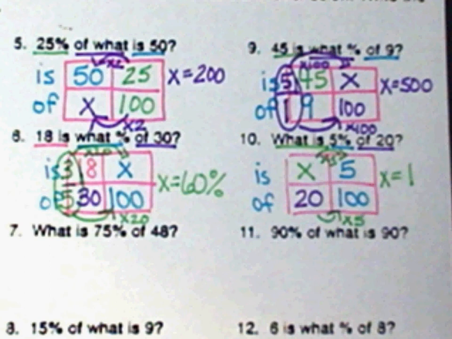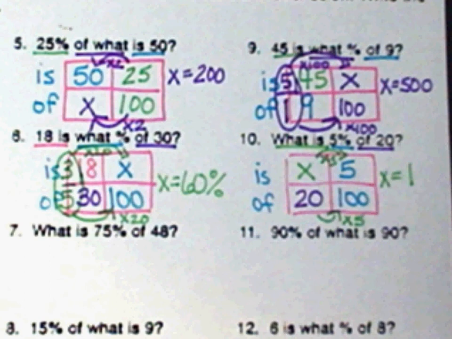So 5% of 20, of 20, put your 20 in there. Okay, so I'm going to look. Can I get from 20 to 100? Yes, 20 times 5 is 100.